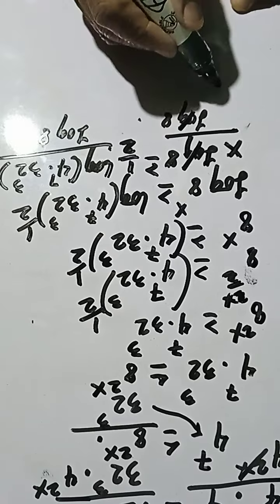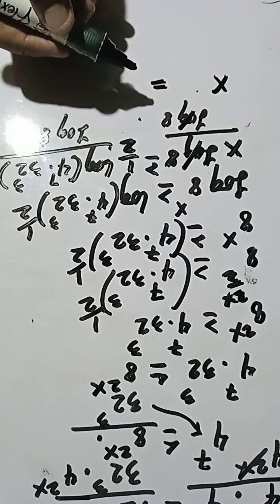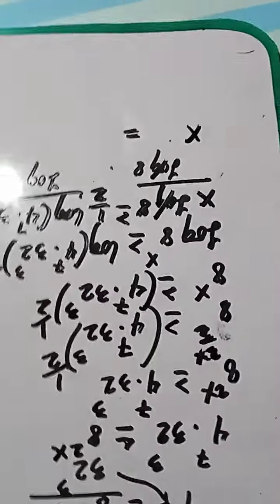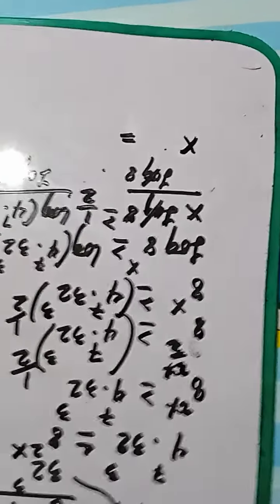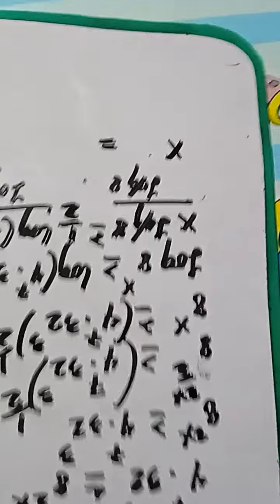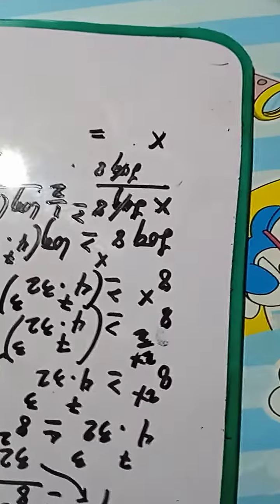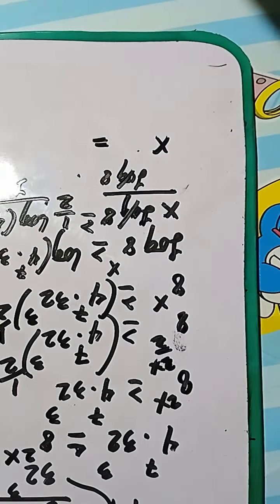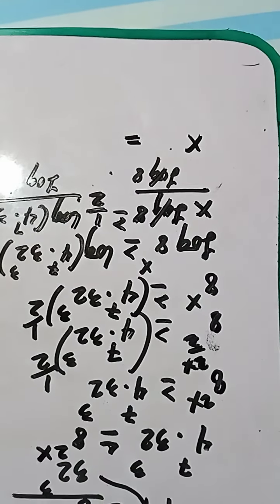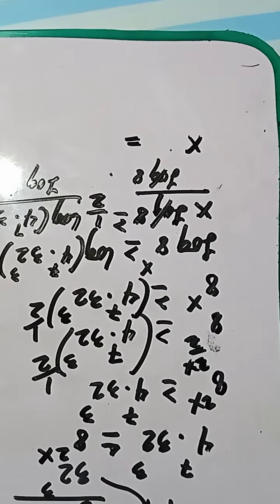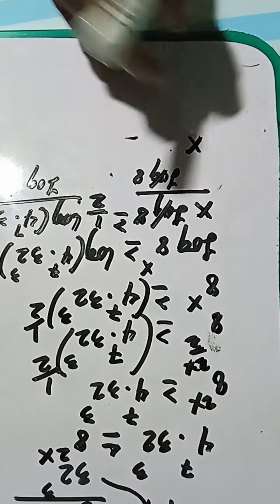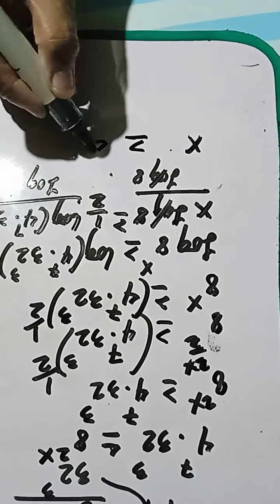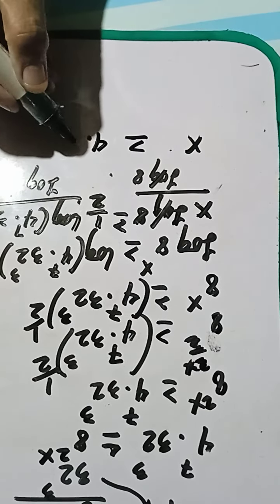You cancel this log 8. So x is greater than or equal to 4.83.